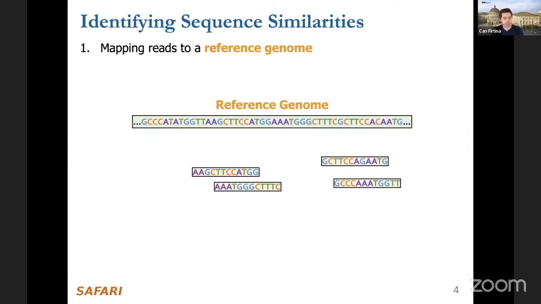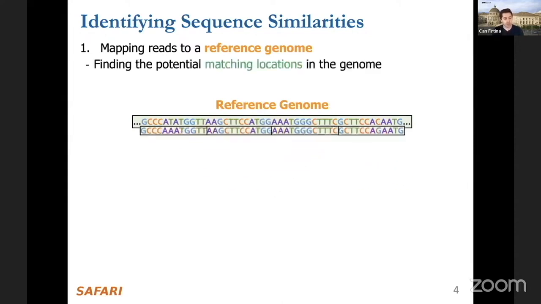In that case, we have a reference genome, which is a representative genome of a particular species, for example, the human reference genome. The reference genome is known to be accurate and potentially as complete as possible. What we do is map the reads to a reference genome to find the potential matching locations in the genome.